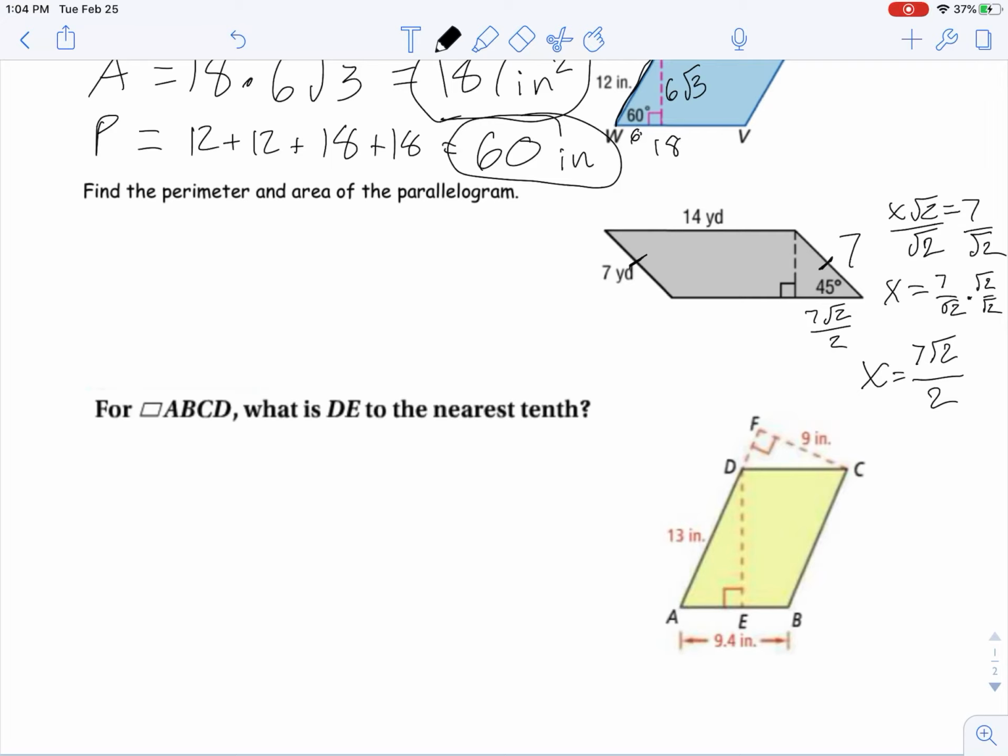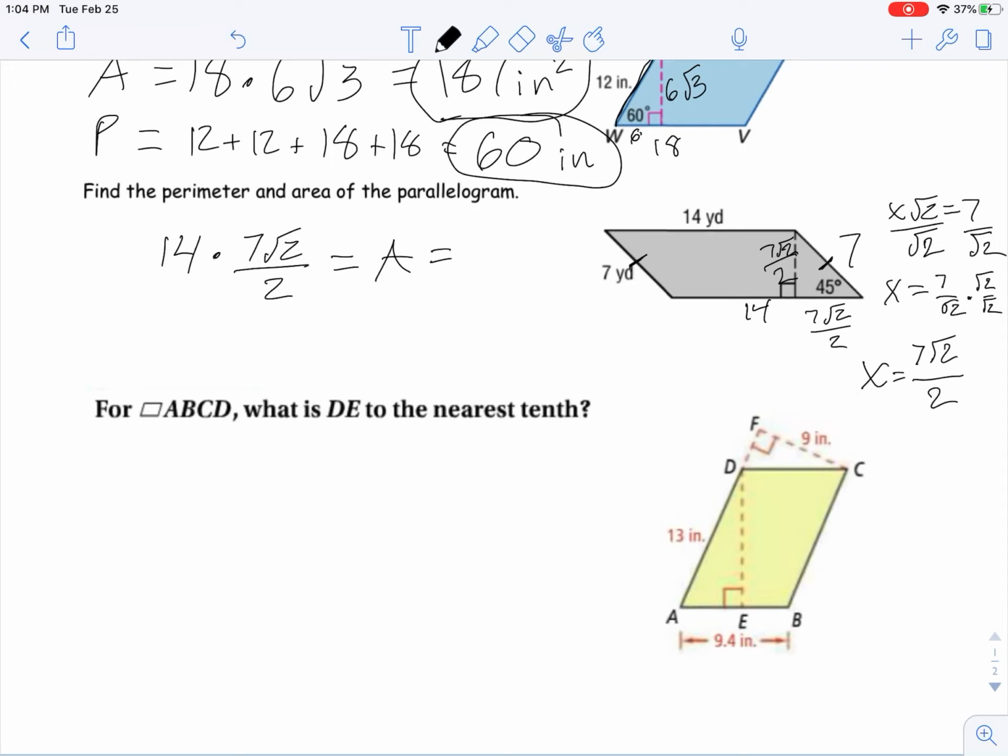And that's also what our height would be inside there. Now, do we have a base and do we have a height? Well, the answer is yes. We know that this whole bottom base here is 14 because that's what the top is. So if we took 14 and multiplied it by 7 root 2 over 2, we would figure out what our area is.